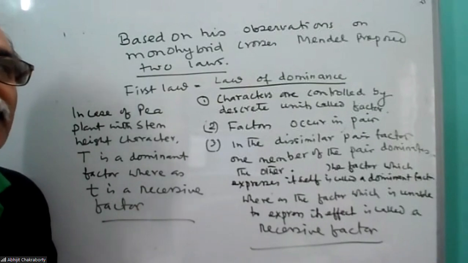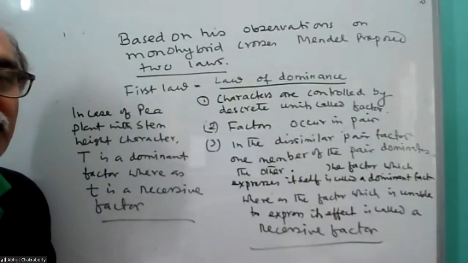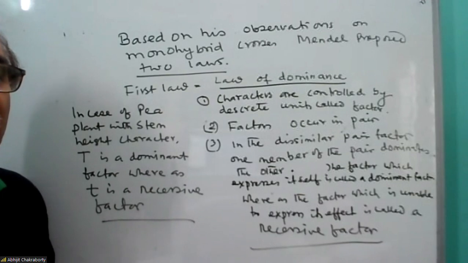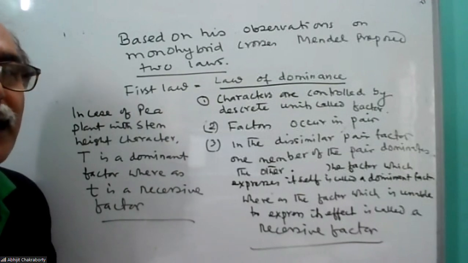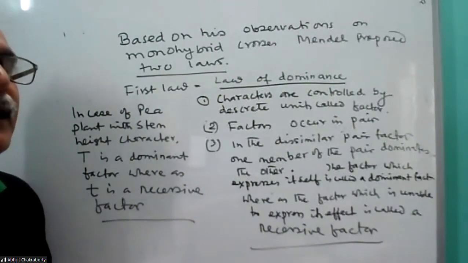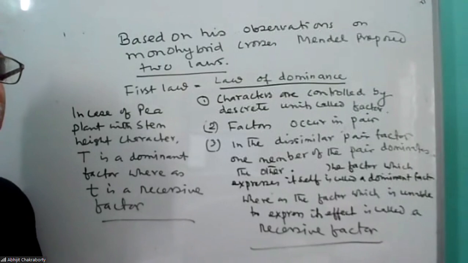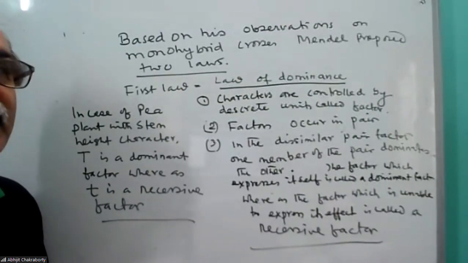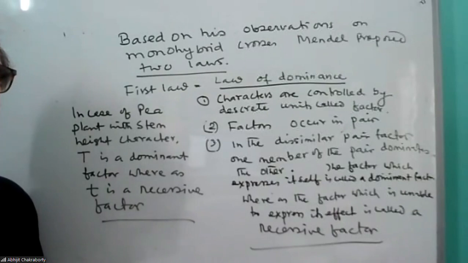Because whenever a pair of contrasting traits or contrasting factors is involved in any cross, one is found to express itself, but the other is unable to express itself. So the factor which can express itself is called the dominant factor or dominant allele, and the factor which cannot express itself is called the recessive factor or recessive allele. Clear? Yes, sir. Okay.